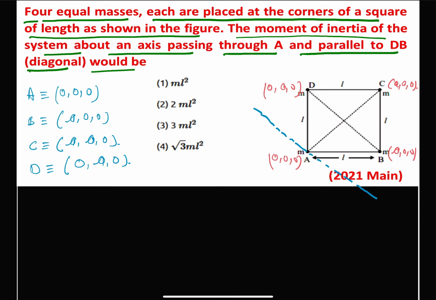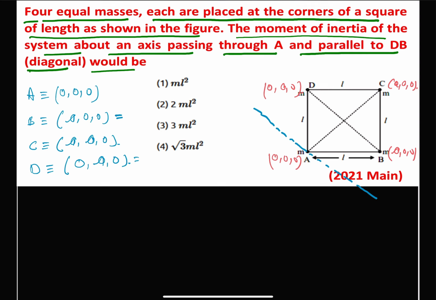We are mainly interested in the diagonal. So the diagonal is our B and D points, and the moment of inertia is with respect to A, which passes through 0, 0, 0. First of all, let's find out the axis of rotation.